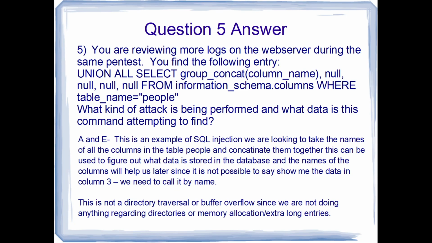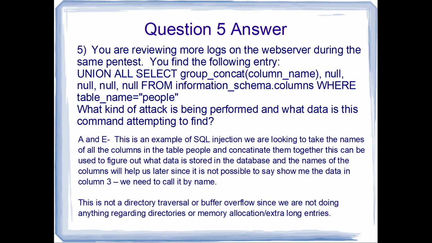So what we have here is a union, which is basically bridging in that database so we can select. This is like an AND almost. So if we had part of an entry in the SQL query and we put a union in there, then it would also perform this query.